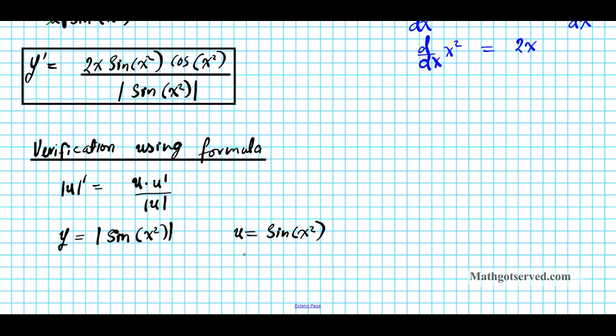Then it follows that u prime, we're going to have to use the chain rule here since we have a composite function. If we differentiate the parent, the derivative of sine is cosine, so it's going to be cosine x squared times the derivative of the input x squared, which is 2x. So that's what u prime is.